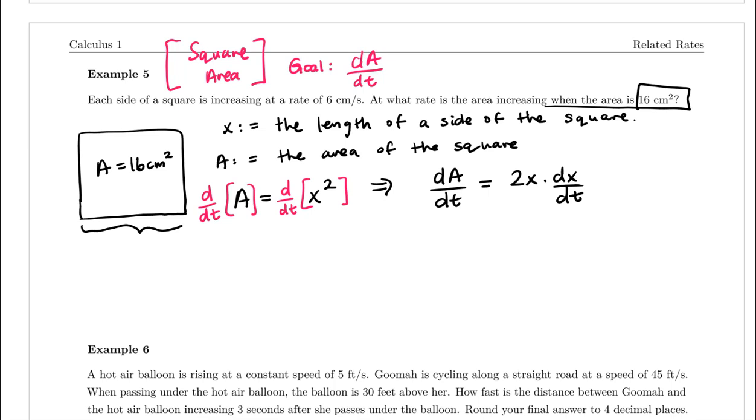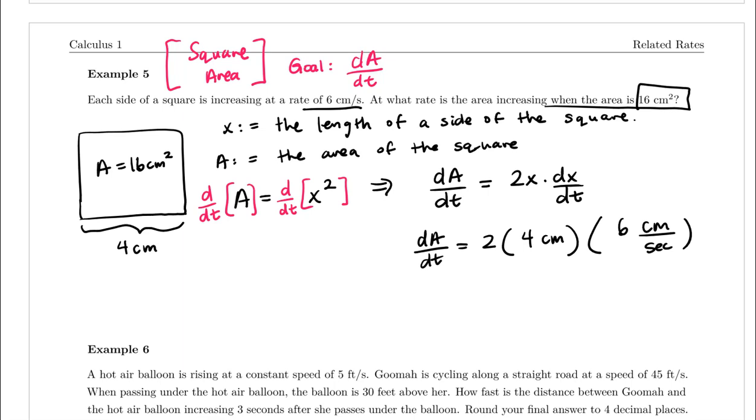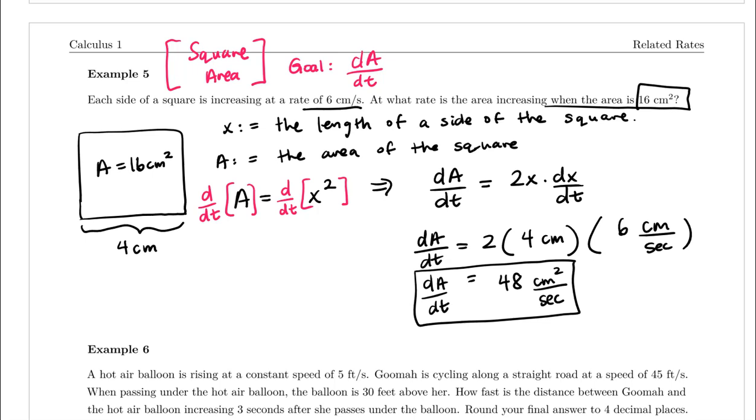So in this exact moment in time where I've snapped my picture, the side length would be 4 centimeters. So we have dA/dt is equal to 2 times 4 centimeters, and then we know that the side length of the square is increasing at a rate of 6 centimeters per second. So that's given right here, and now we can multiply, and doing so will give us that dA/dt is equal to 48 centimeters squared per second.